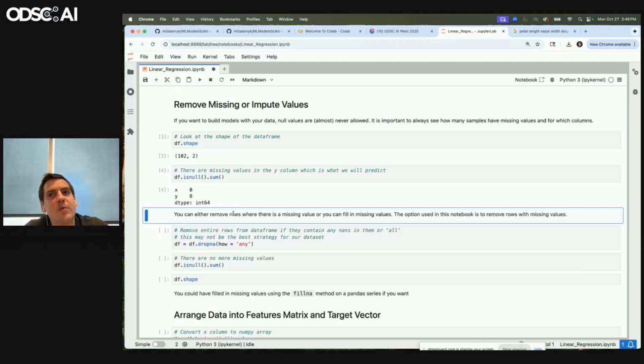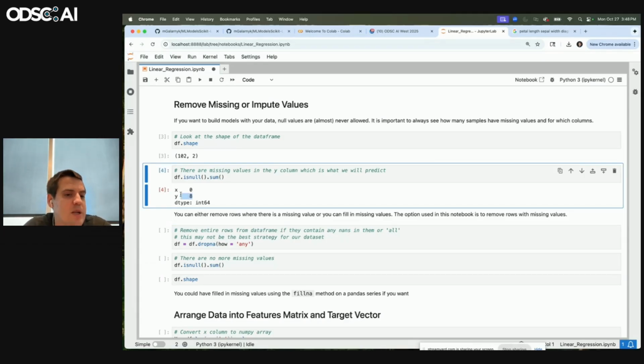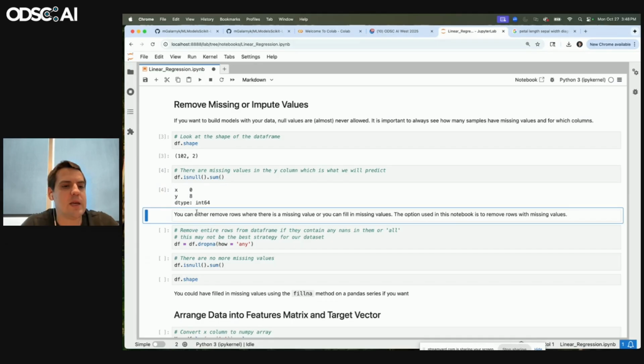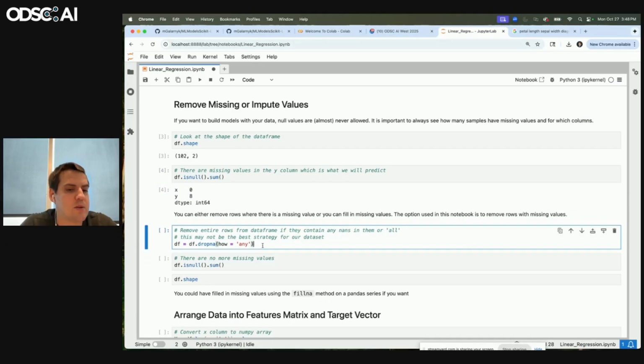If they're not missing at random, you probably have to find some way to not lose information that'll be useful for prediction downstream. Sometimes missing data could actually be a feature if you happen to be predicting something else. In this case, I'm predicting the y and it just happens to be missing. So I'll end up dropping those values.